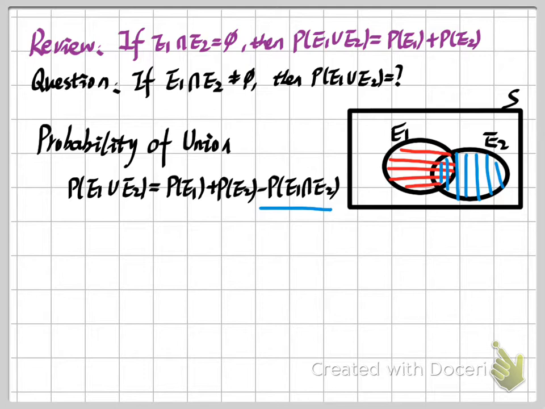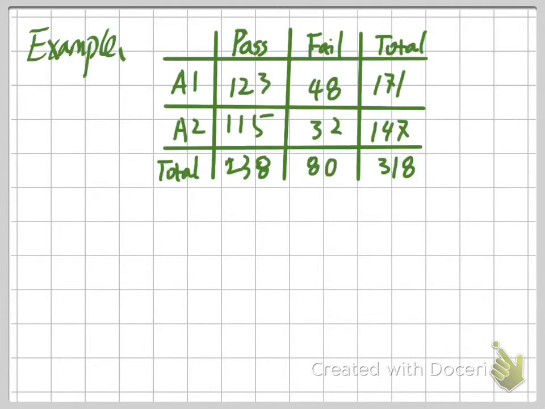Let me give you one example of this. Assume we have a table with some data here. We have two exams, A1 and A2, and the candidates will take them. There are two results for each of them.